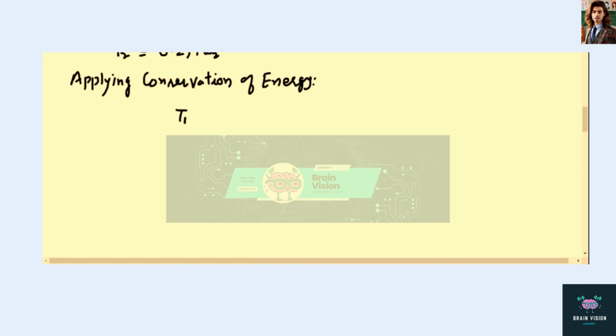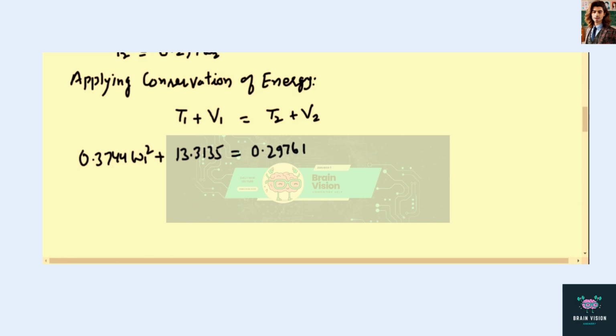Now applying conservation of energy for position 1 and 2, substituting the values we have calculated, applying omega 1 is equal to omega 2. So we can write 0.3744 omega 1 square plus 13.3185 is equal to 0.2976 omega 2 square plus 23.544.